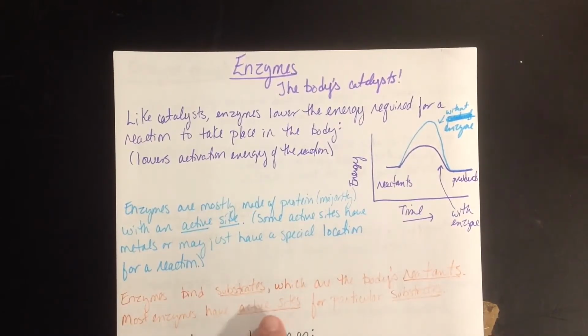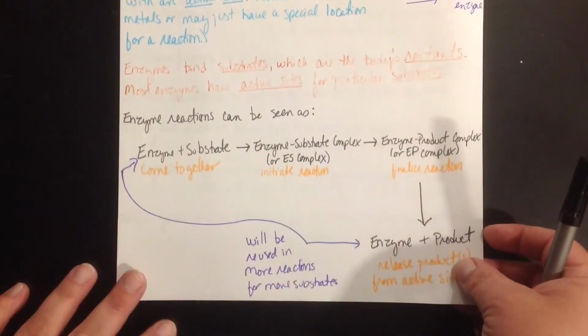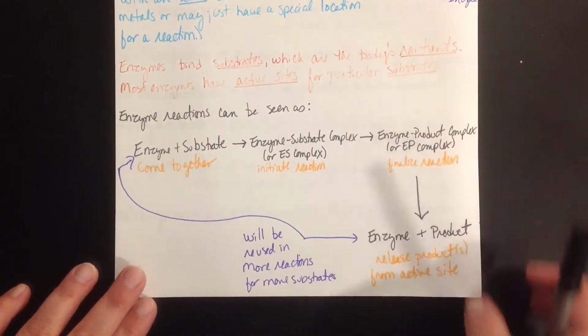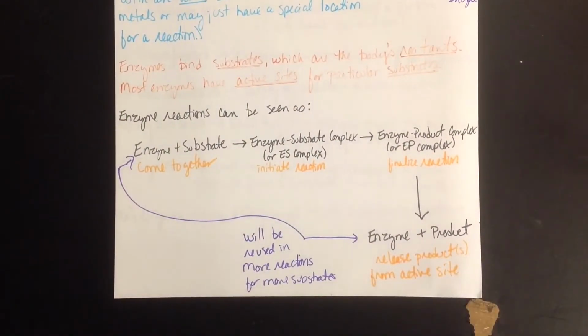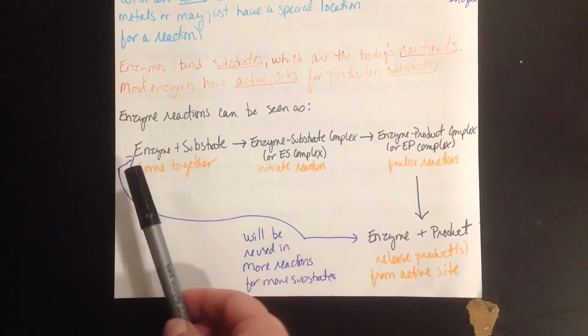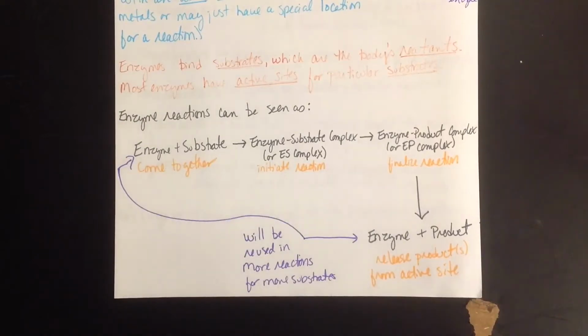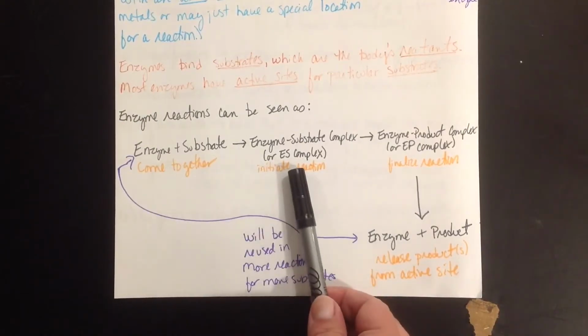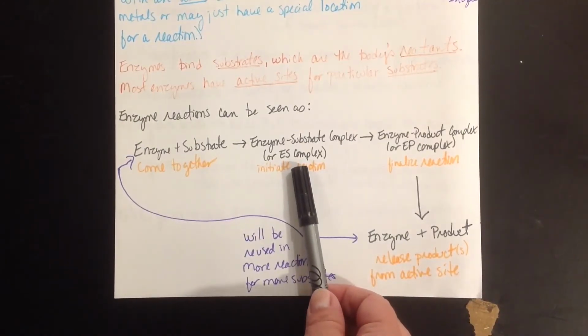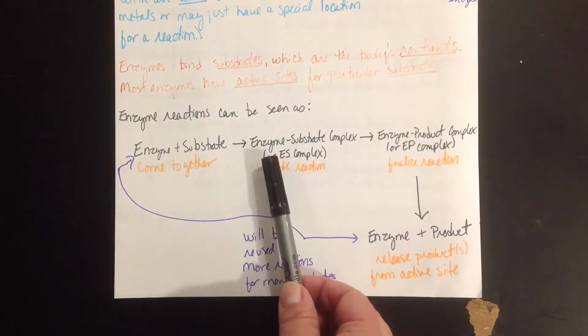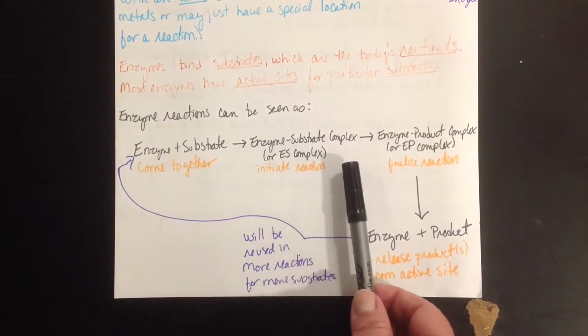The substrates come into the active sites, and that's what binds to the enzyme. A way to look at this catalytic cycle, or enzymatic cycle, within the body: first it begins by the enzyme and the substrate coming together. They form what we call the ES complex, the enzyme substrate complex.